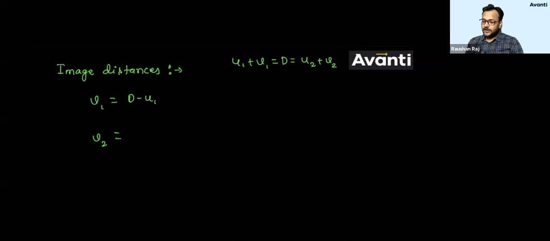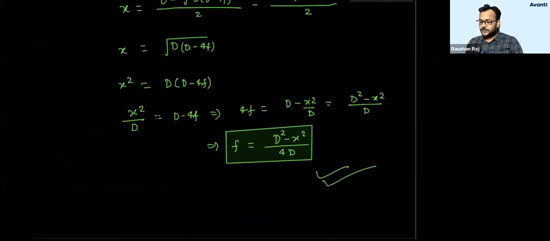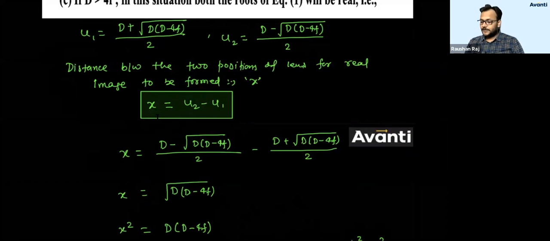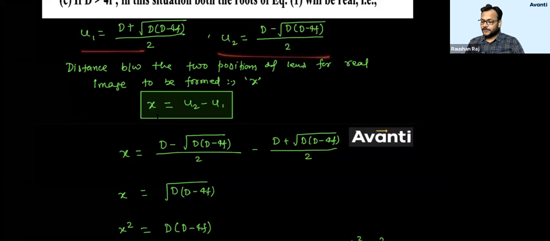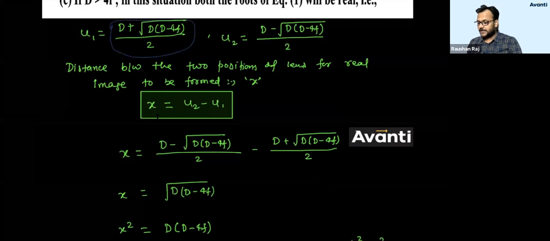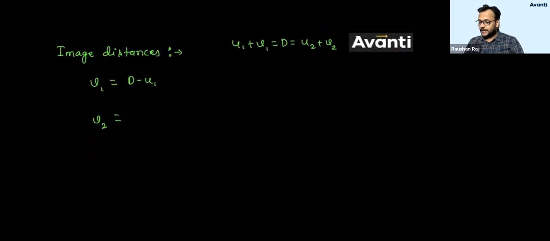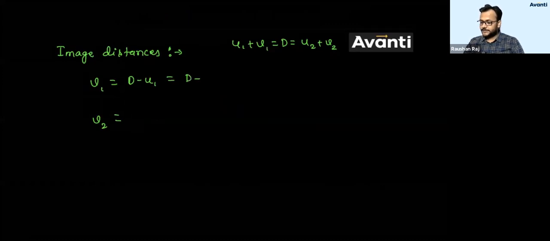Correct है? What is the value of u1 that we are going to get? There are two possible values of u: this is u1, this is u2. ये मिला था हमें. So if I copy this part here, ठीक है? And then I'll place it here. So I'll write d minus u1.